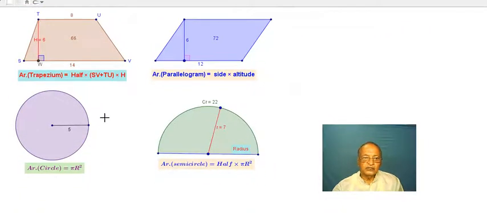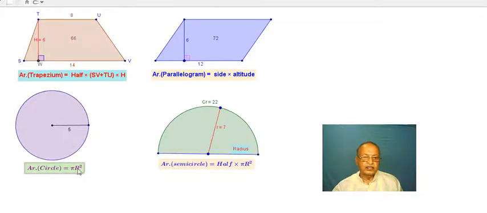Now this is a circle, its radius is 5. So area of a circle is pi r square. The value of pi is 22 by 7 or 3.14, we can take an approximate value, and r is here 5.